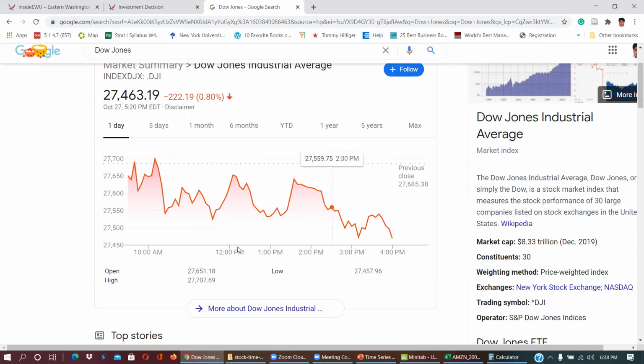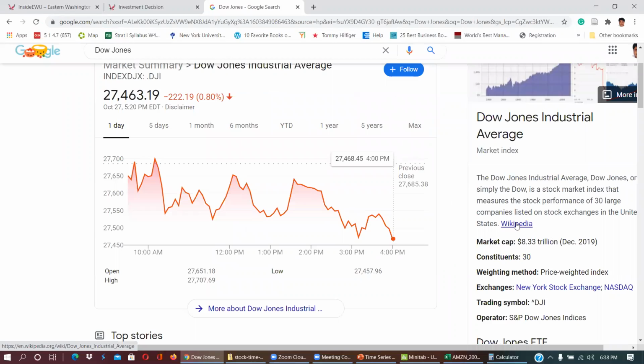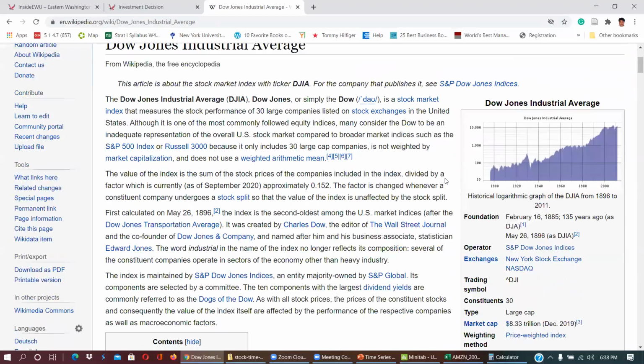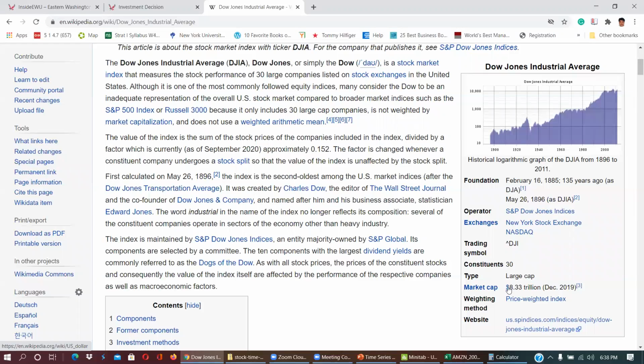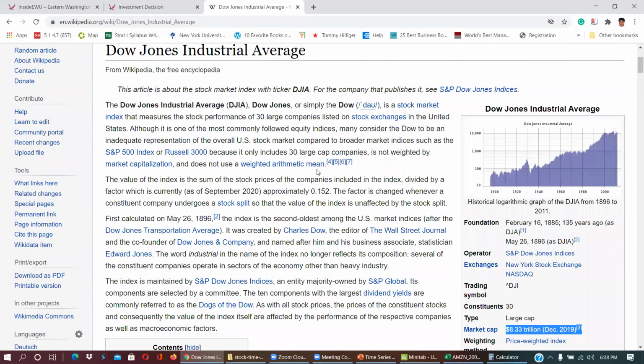At 10 a.m. it was 27,699. At 4 p.m. 26,468. How is this changing? What are the factors? It has a market cap of 8.33 trillion by December 2019. How are we going to check what the factors are?